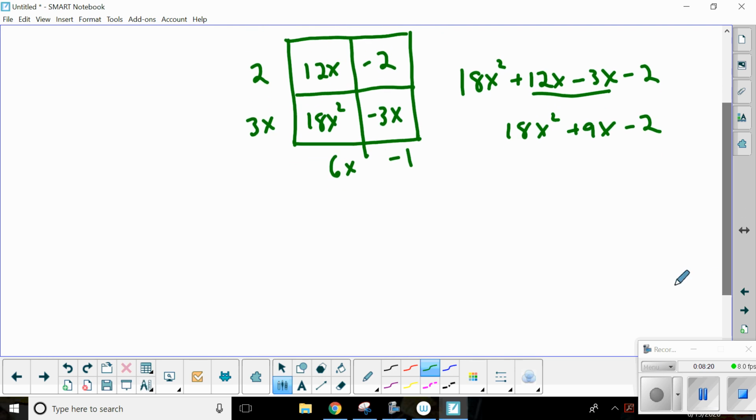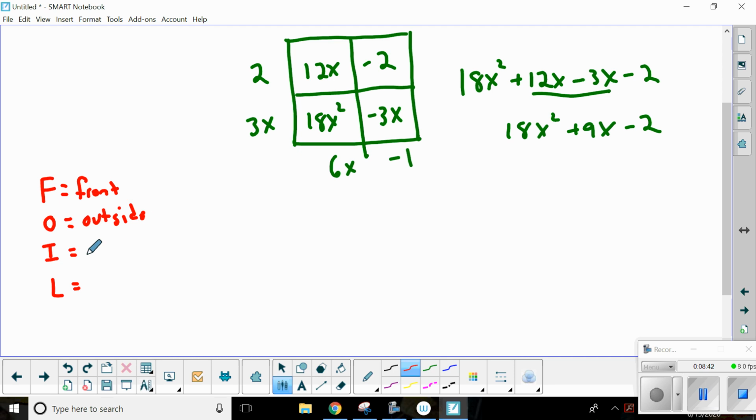Now, if you don't want to use these generic rectangles, there's something called FOIL. And it's the old traditional way of finding the product of two binomials. F stands for front, O stands for outside, I stands for inside, and L stands for last.